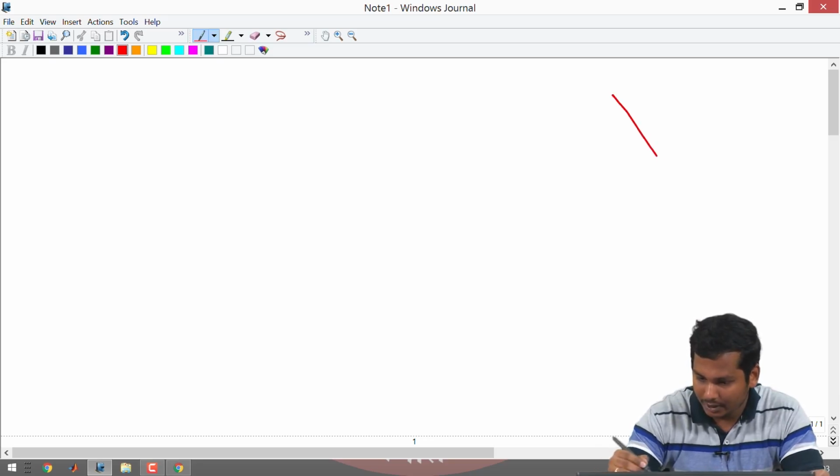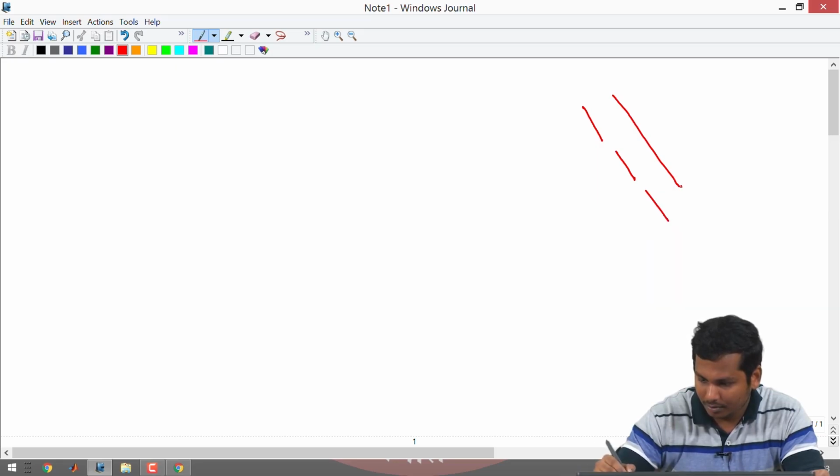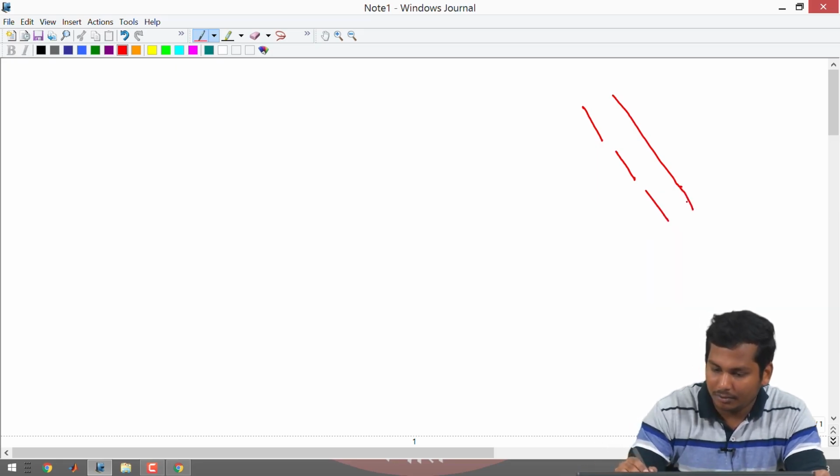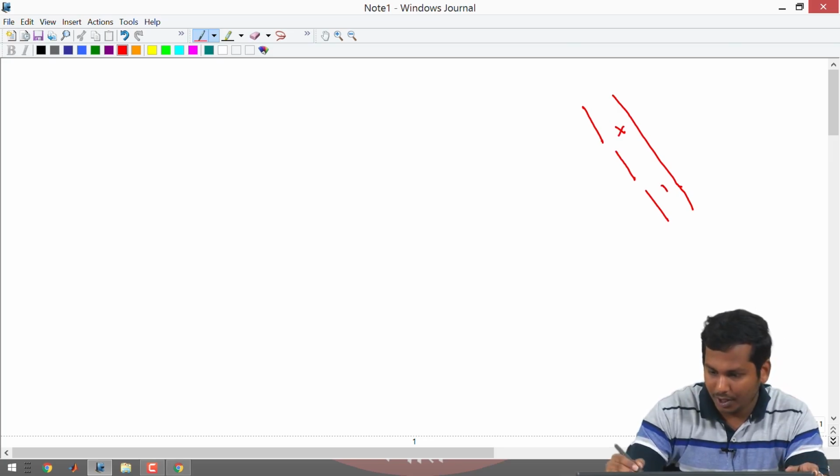So we have an inclined pipe. And we have a point 1 here and point 2 here. To calculate the pressure drop between point 1 and 2, we are using a U-tube manometer.